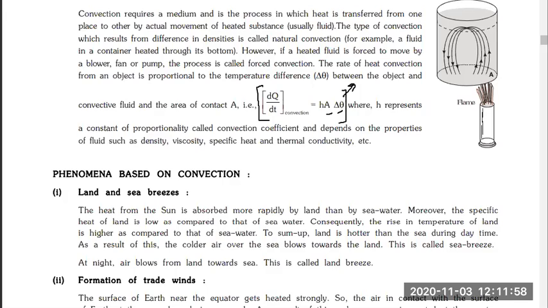Harsha, see, when you talk about convection, a particle is moving, and it doesn't matter how long this is.